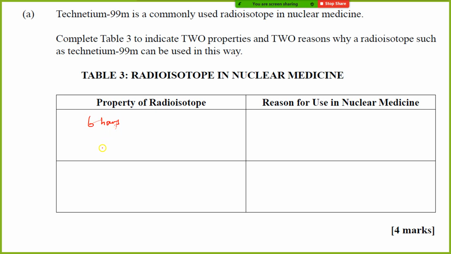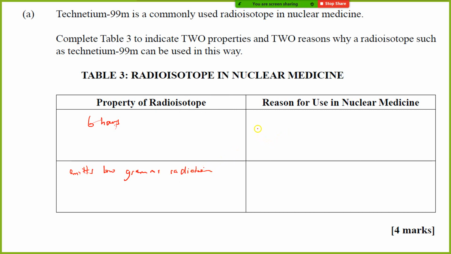Then another property here is the fact that it emits low gamma radiation, I believe. Right?